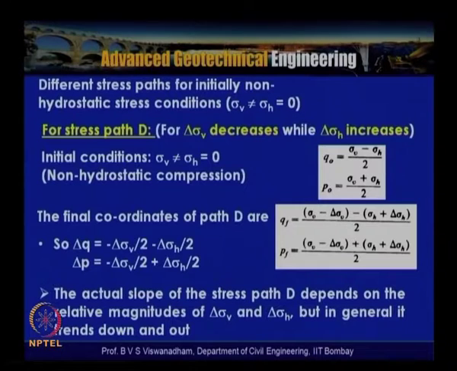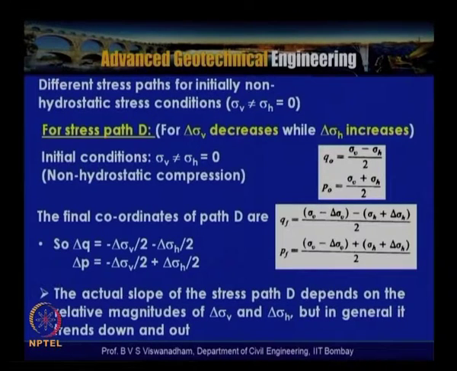And similarly PF is equal to sigma V minus delta sigma V, because delta sigma V is decreasing, plus sigma H plus delta sigma H, by 2. By simplifying this, QF minus Q naught, that is delta Q, is nothing but minus delta sigma V by 2 minus delta sigma H by 2, and delta P is equal to minus delta sigma V by 2 plus delta sigma H by 2.